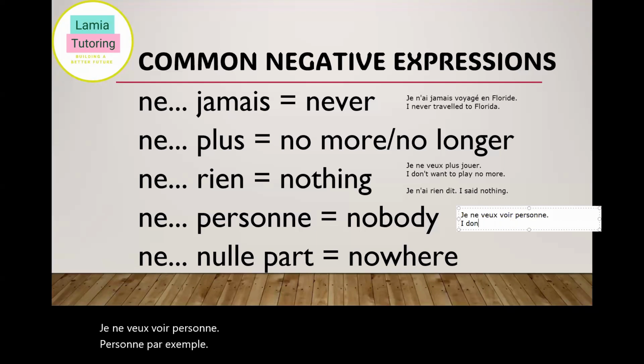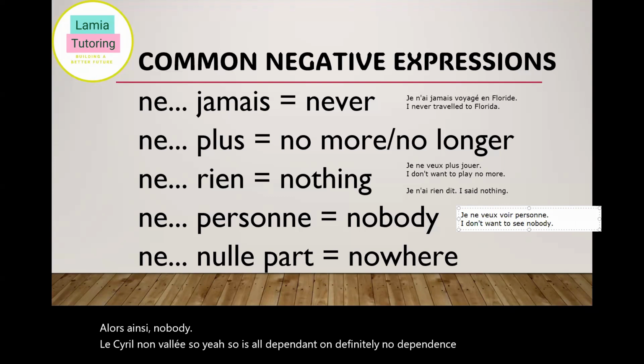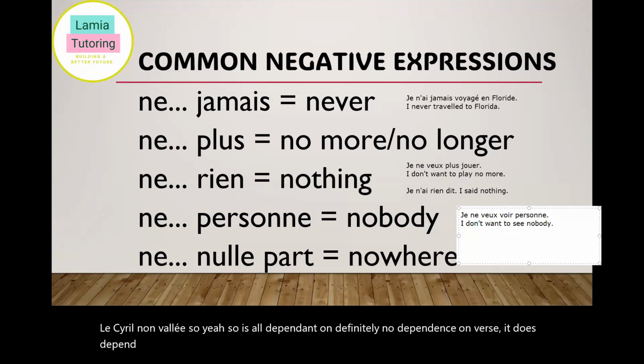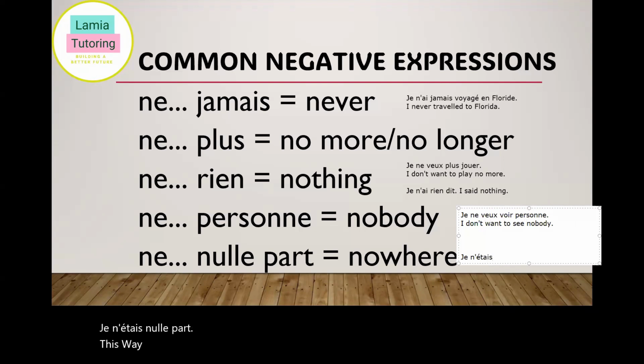I don't want to see nobody. So it's definitely not dependent on verbs. It does depend on the situation and what you want to say. That's why I'm trying to not use only veux.